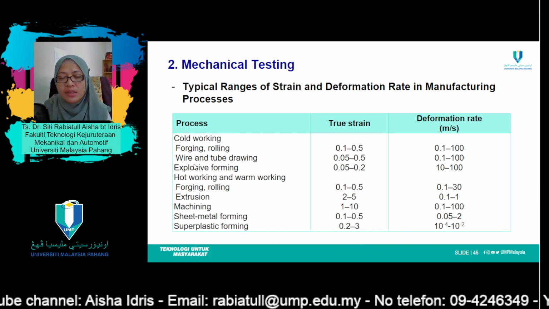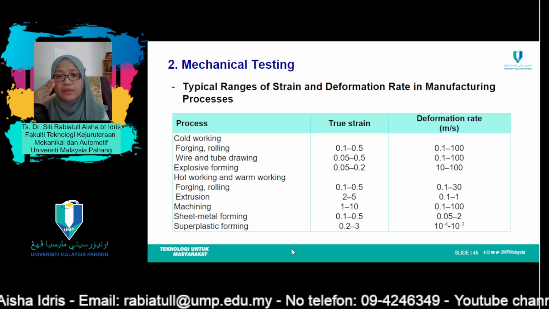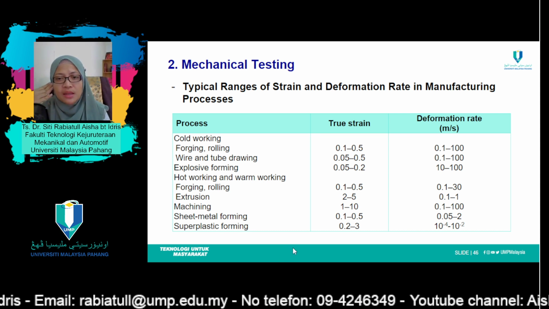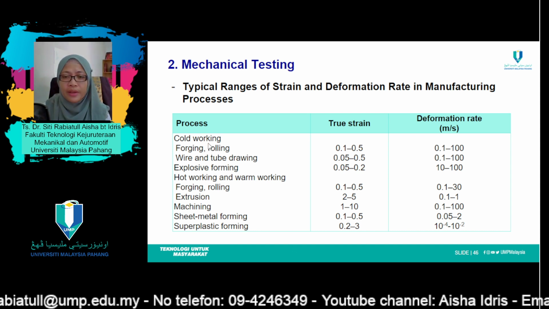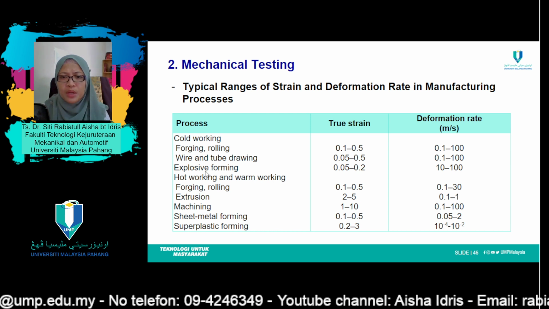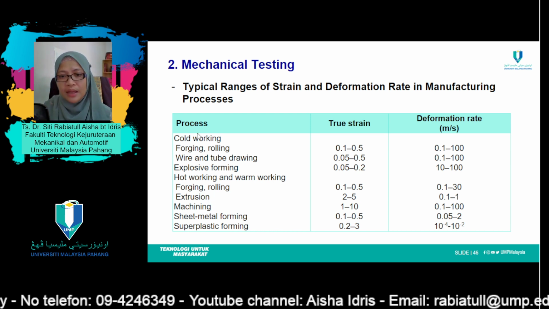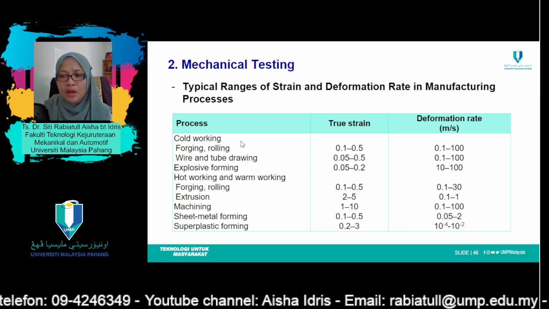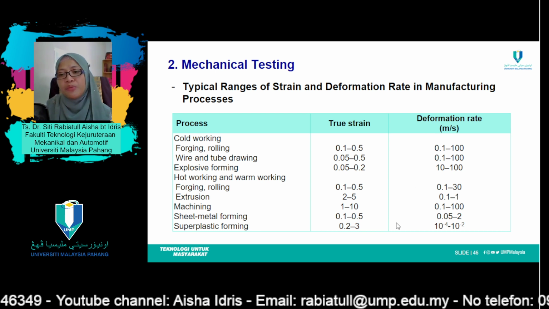Meanwhile, this table shows typical ranges of strain and deformation rate in manufacturing processes. You can see that there are several types of processes over here, like cold working, forging, rolling, explosive forming, extrusion, and so on and so forth. And these processes produce different values of true strain as well as deformation rate.